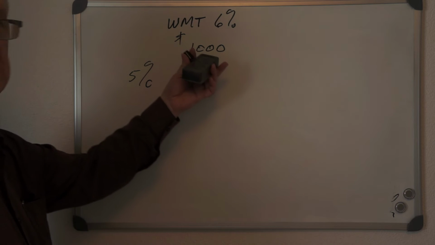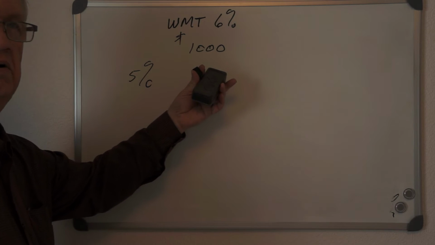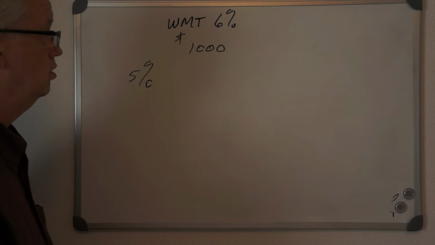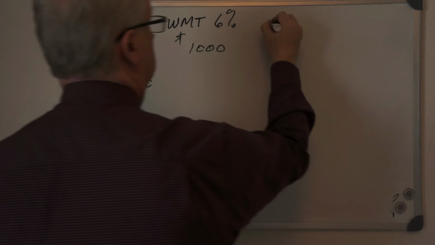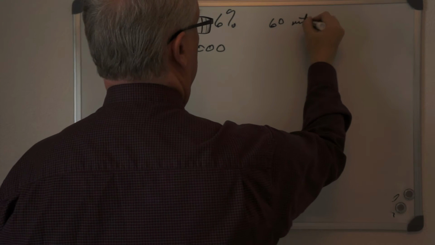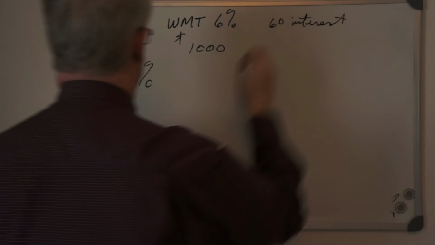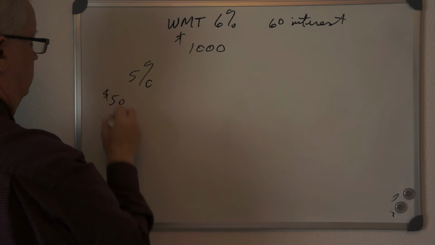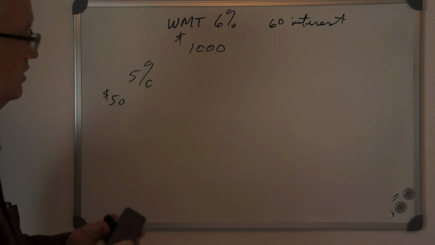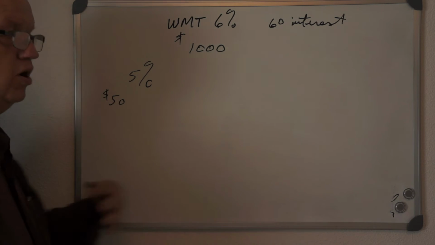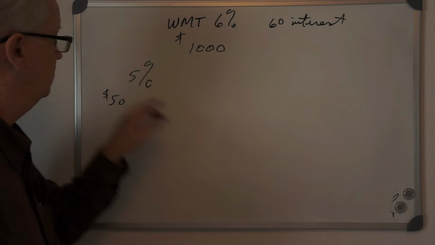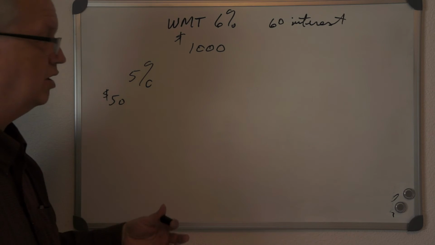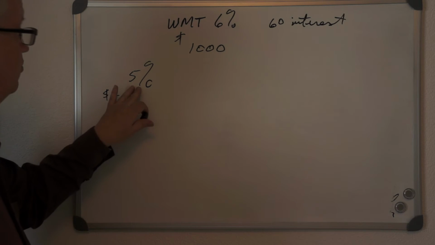Are you going to sell your $1,000 bond for $1,000? You get $60 interest. These people, 50. Right now, what this is saying is bonds are being issued in the marketplace at 5%. So anybody who wants to buy new issue bonds, they're getting 5%.